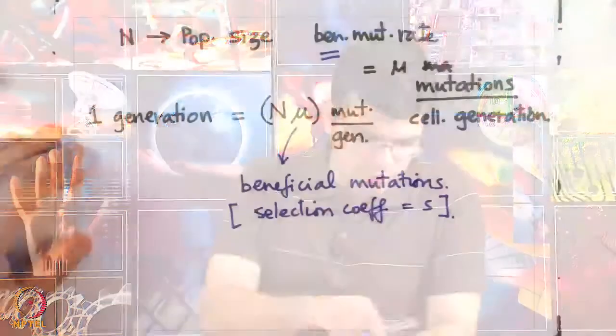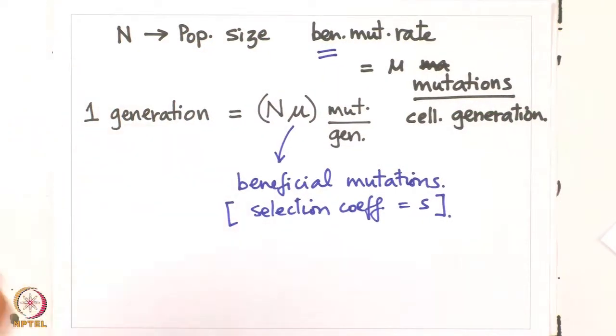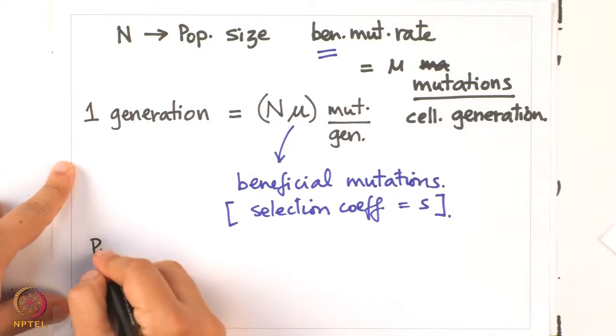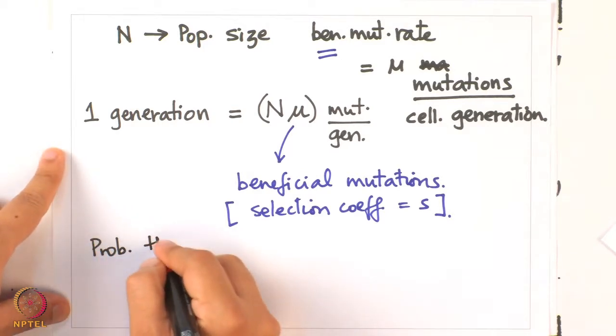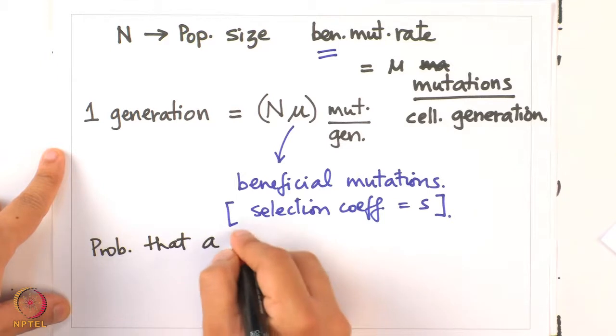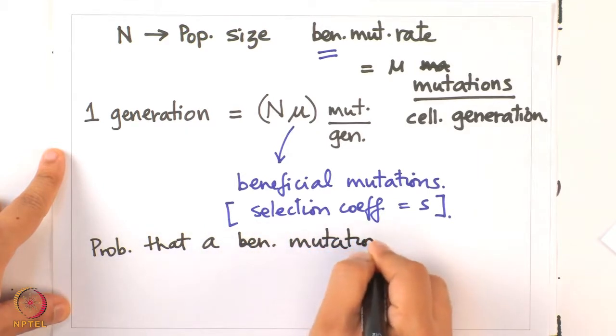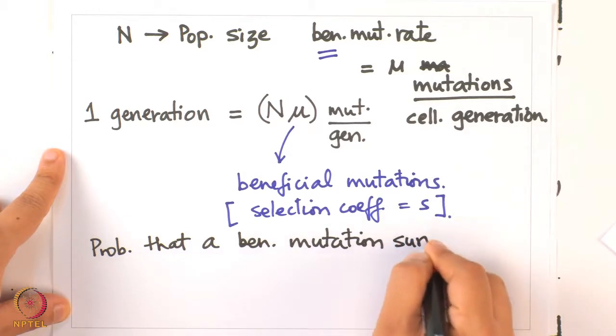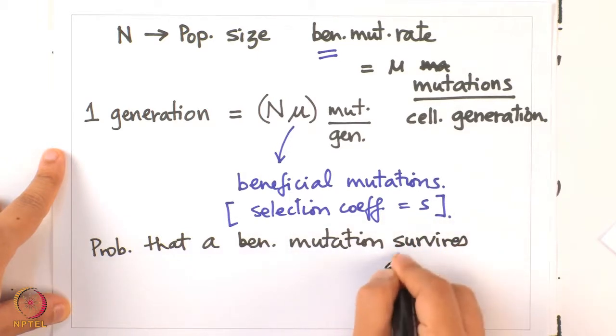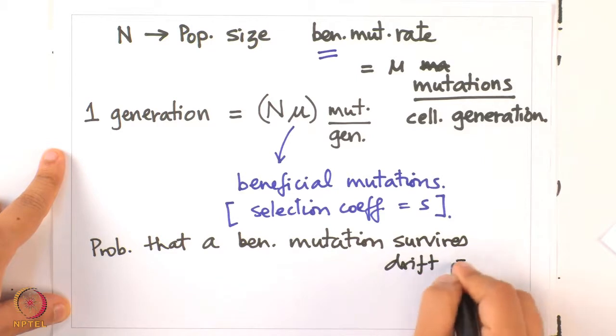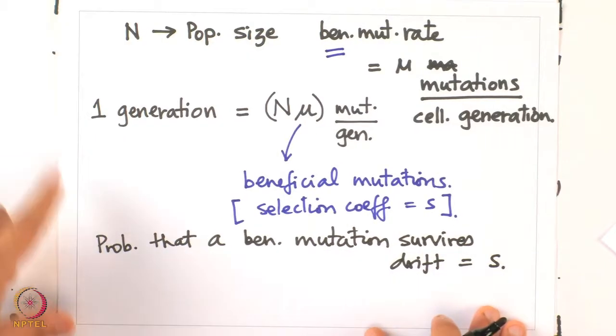So, of the n mu mutations that have occurred, what fraction survives? But we already know this result, because the probability that one beneficial mutation survives drift is just equal to S.